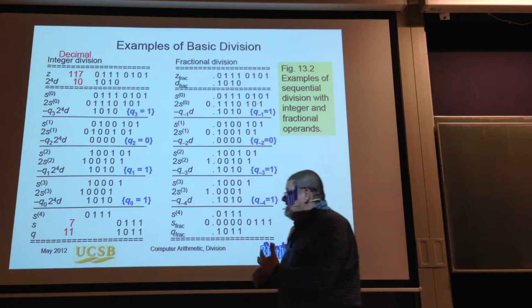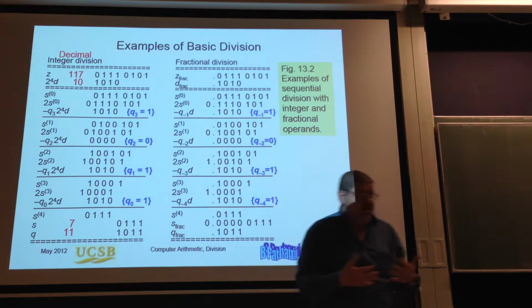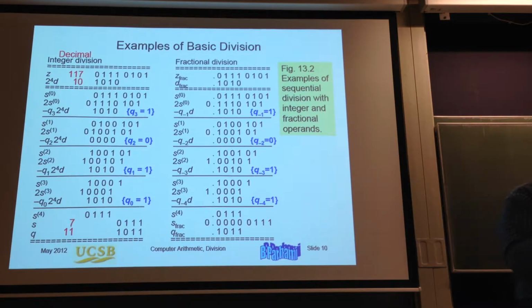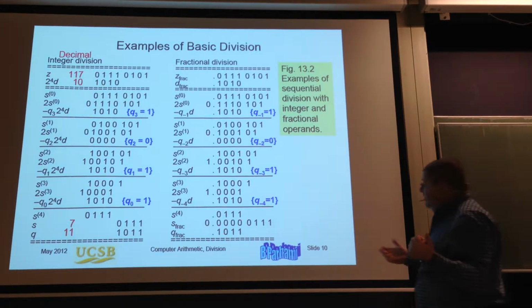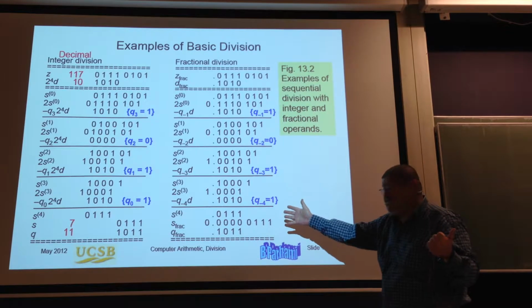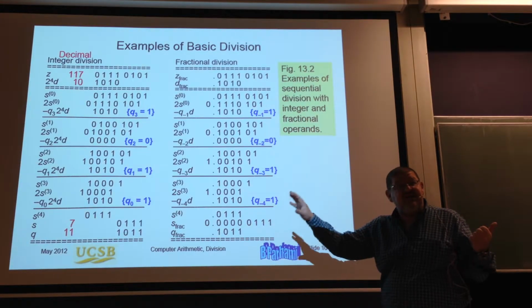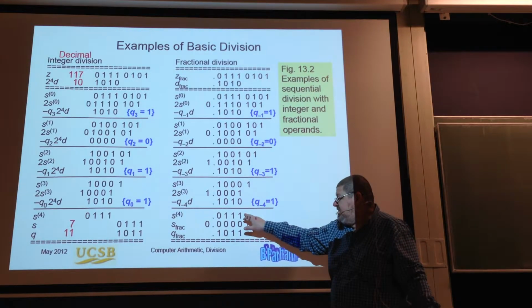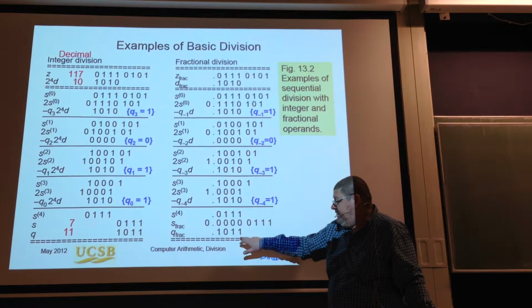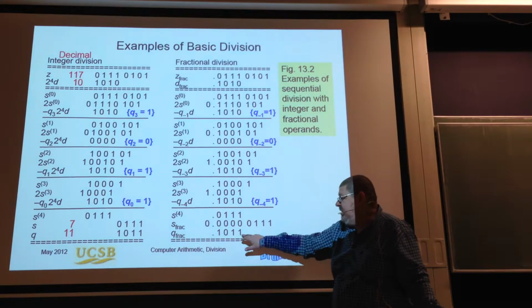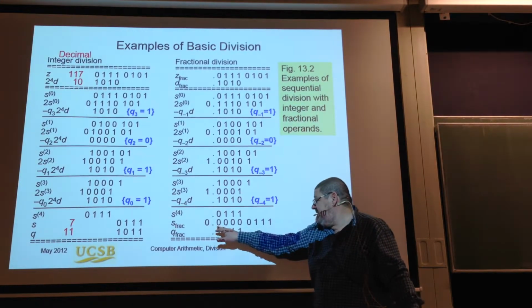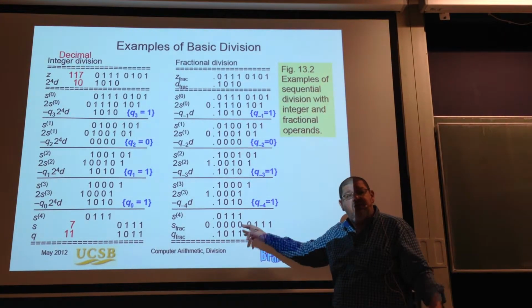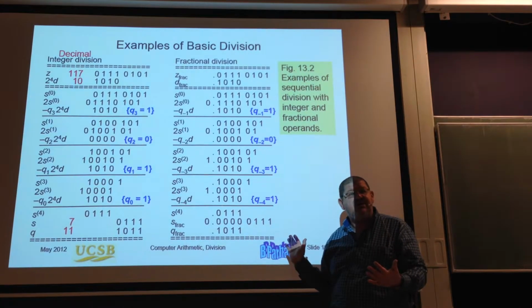Then you already see that in the iteration, my problem will be to make the guess for the quotient, do a shift and an addition. The same holds true here for fractional. It's no difference. What you see is that if I do fractional stuff, when I finish the calculation, the fractional quotient is the same, but for the fractional remainder, I will have to shift it 4 positions to the right.